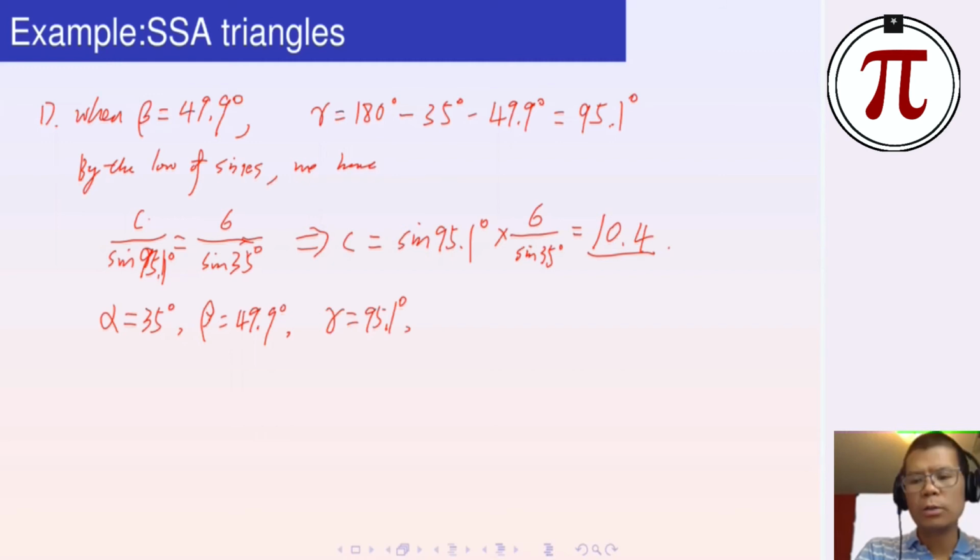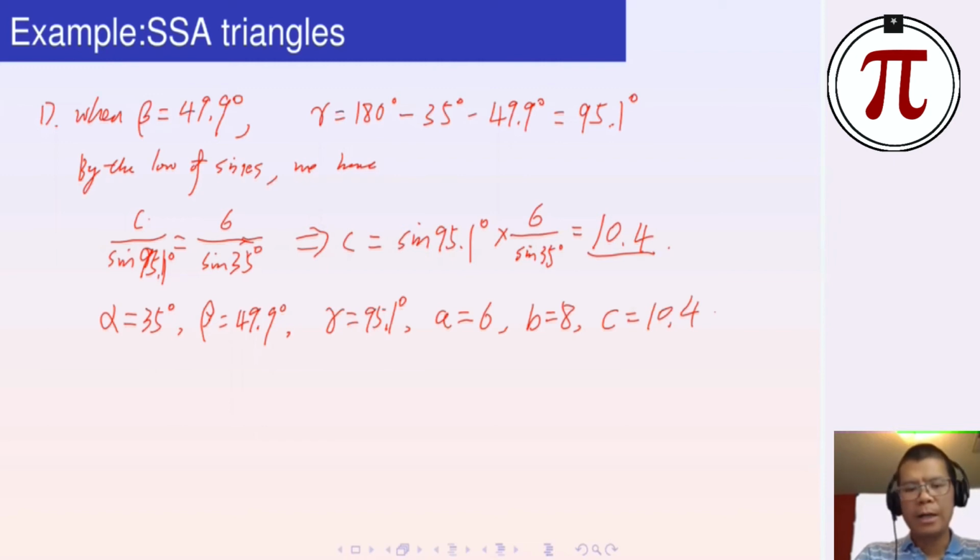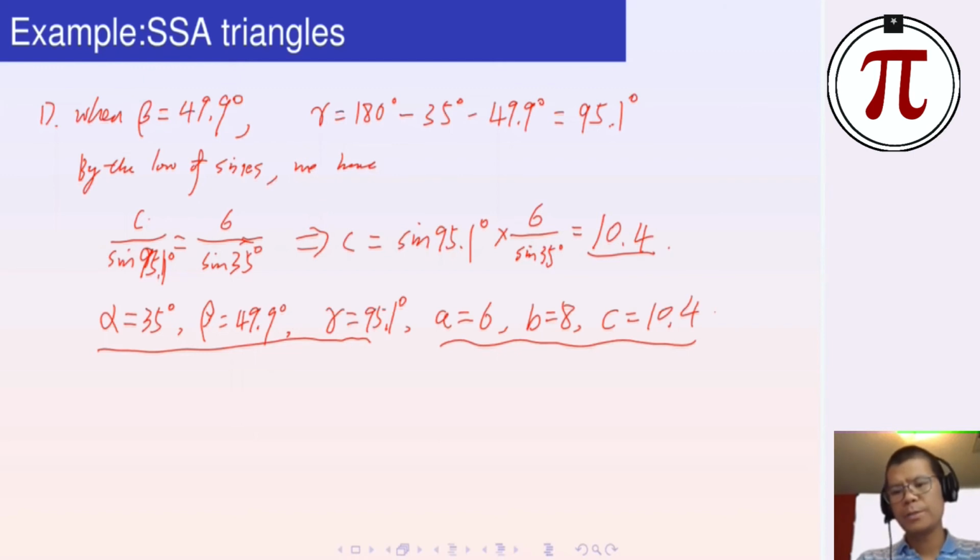A equals 6, B equals 8, C equals 10.4. Right, this is case 1. Yes, I got all the angles and all the sides. Make sense? So I got everything for case 1 when beta is 49.9.